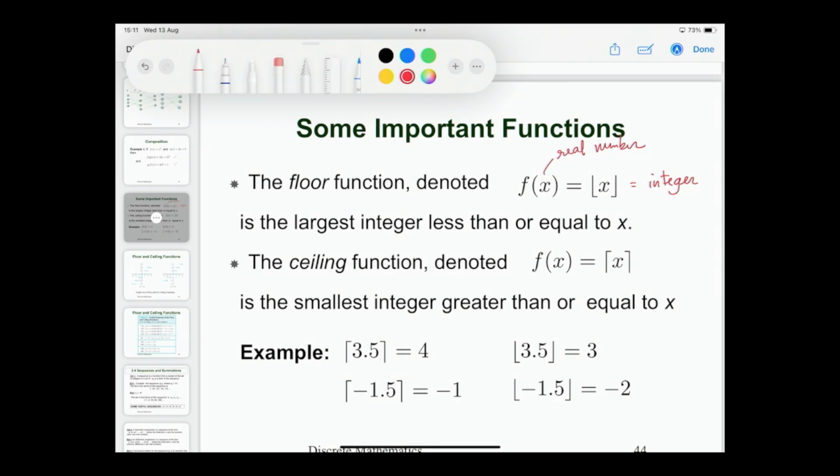So let's take a look at this case. When x is equal to 3.5, then the floor function is 3. But if x is a negative number, you've got to be careful on this one.